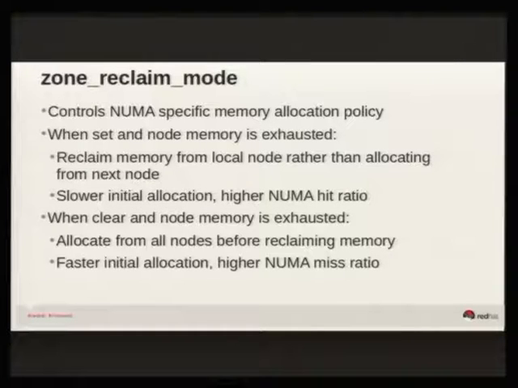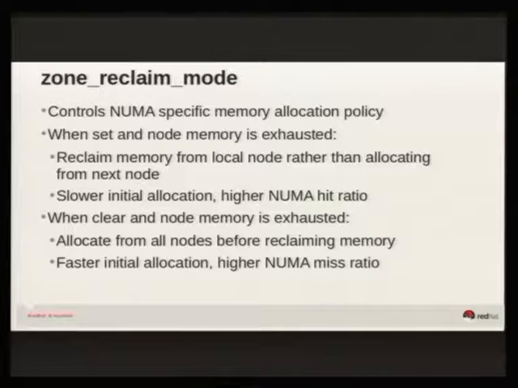It either hops onto the next node and starts allocating memory there, which is going to induce cross-node memory references when the application runs, or the other choice is to stop and start reclaiming memory on that node and start swapping and paging and dirty write back and so forth on that node while the other ones aren't doing anything or don't have any page reclamation going on. This flag is probably the most important or performance-sensitive flag that you can run into.